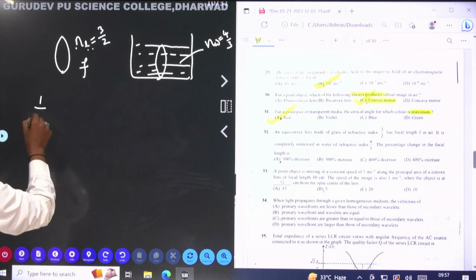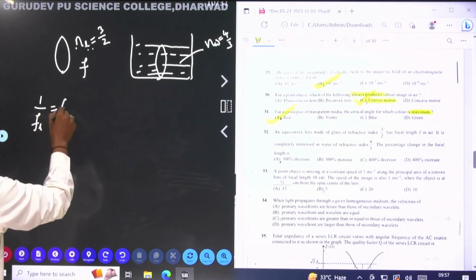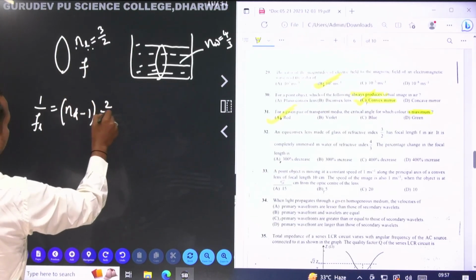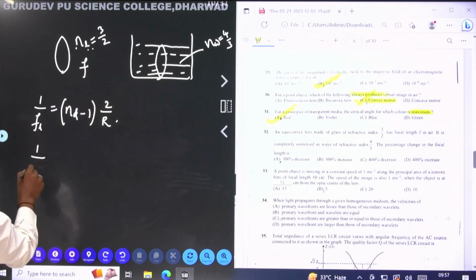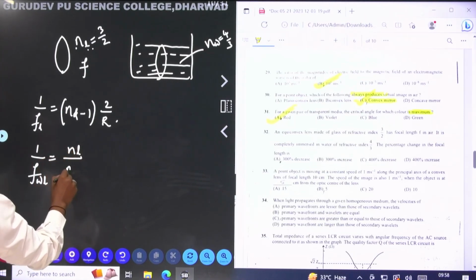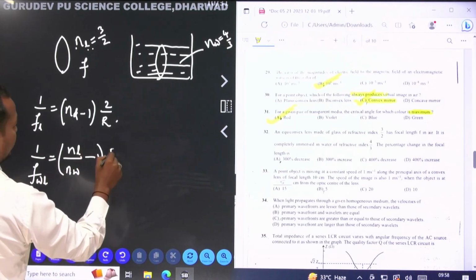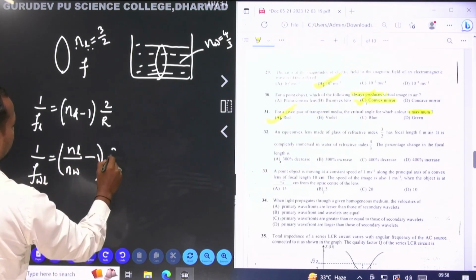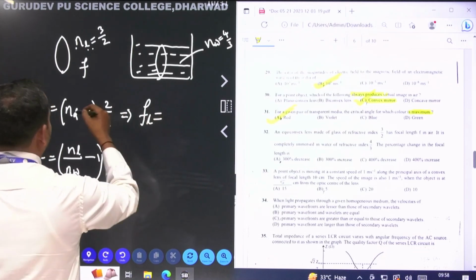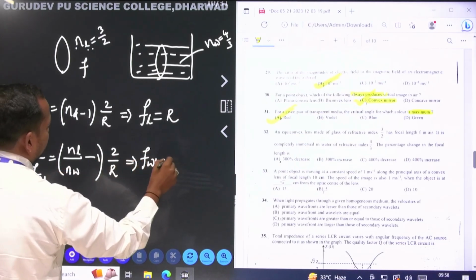To calculate this, first we will calculate the focal length formula for the lens. That is 1 by FL is equal to refractive index of lens minus 1, and anyway two surfaces are there, therefore it will be 2 by R. Similarly, for the water and lens combination, 1 by FWL is equal to (NL divided by N water minus 1) into again 2 by R. That is, refractive index of lens divided by refractive index of water, minus 1, into 2 by R. If you solve this, you will get the focal length of the lens as R, and the focal length of the water and lens combination as 4R.